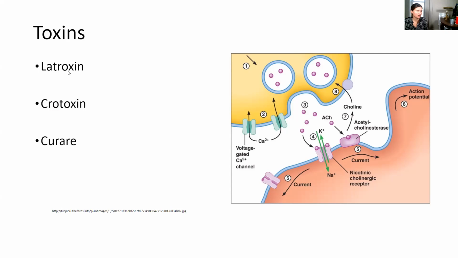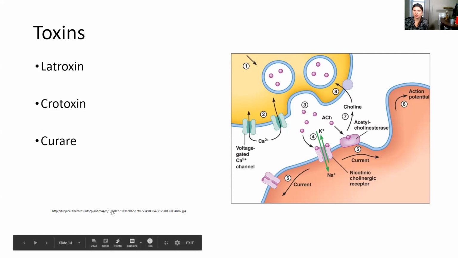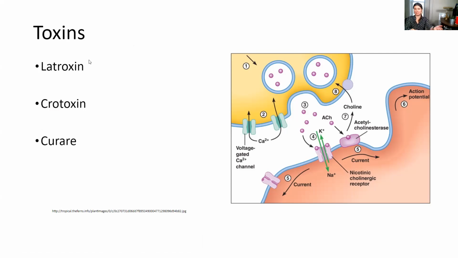We have latroxin and crotroxin, which are kind of like opposites of each other. And then we have curare, which is a poison from a poison dart frog, which works in a 3rd way that ends up with similar effects. Okay, so all of these can cause something kind of like paralysis, but it'll be paralysis of different kinds, I would say. So we're going to take a look.